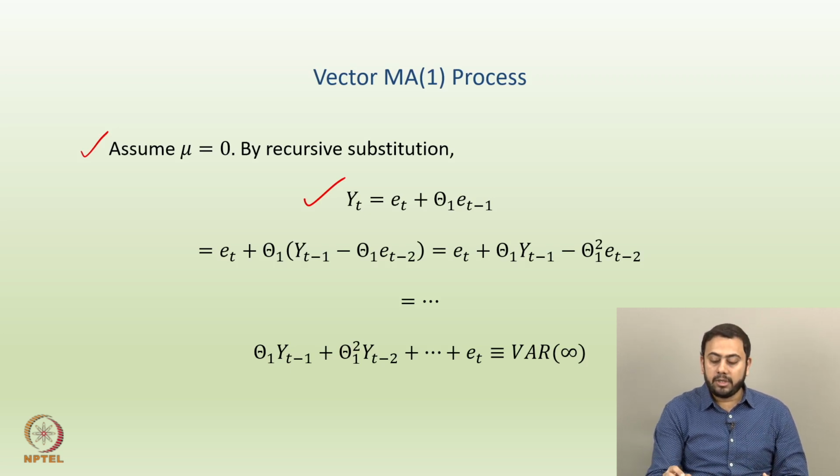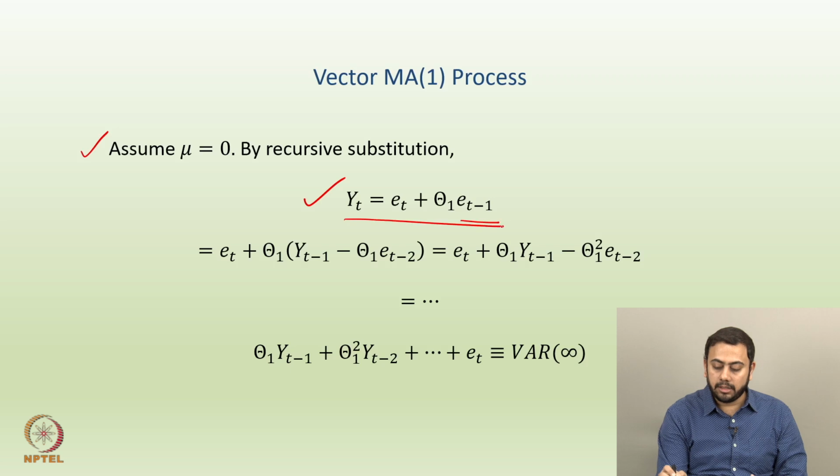Now, what I can do is re-express e_(t-1). From here, e_(t-1) is nothing but y_t minus e_t, divided by theta_1, isn't it? What would happen if I keep putting this expression in? The equation becomes e_t plus theta_1 y_(t-1) minus theta_1 e_(t-2). Why is that?